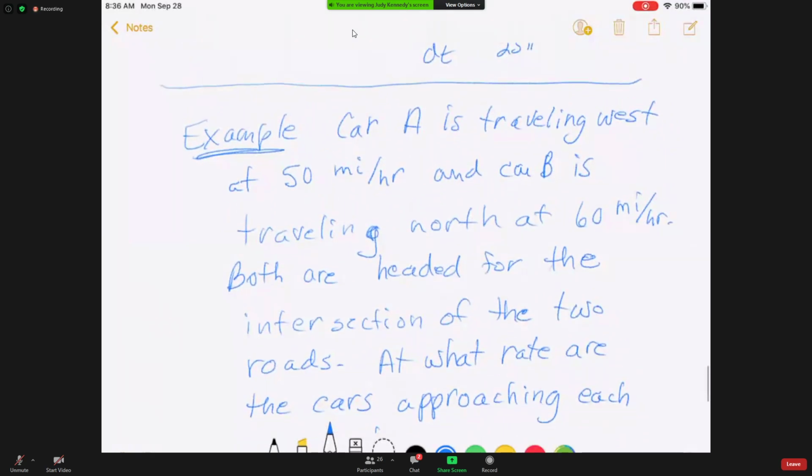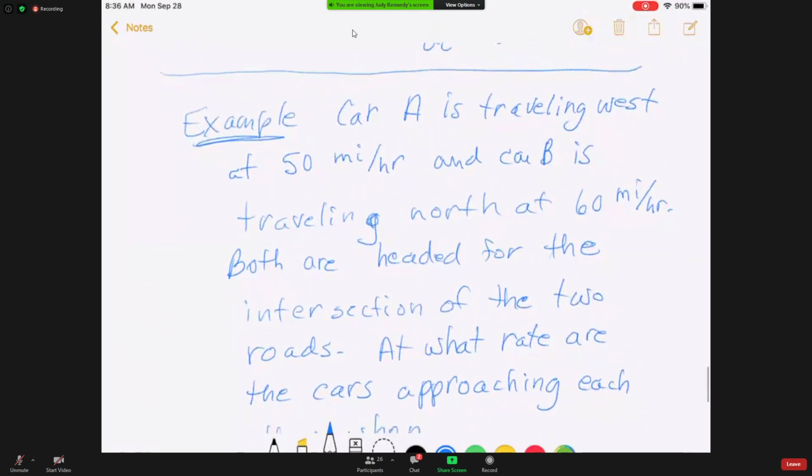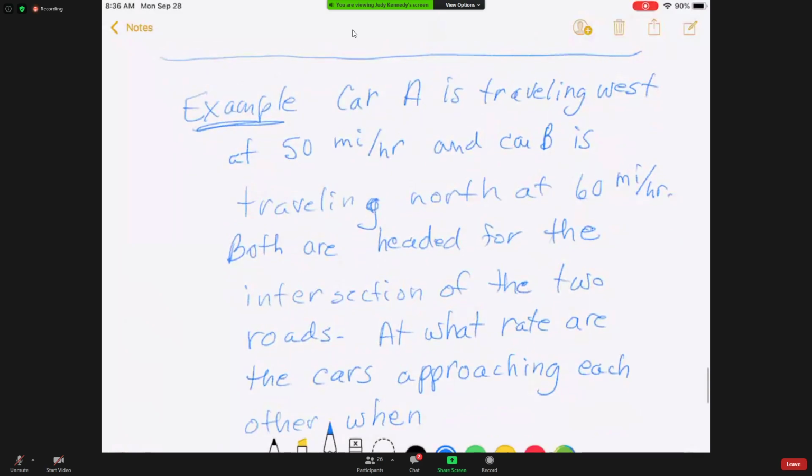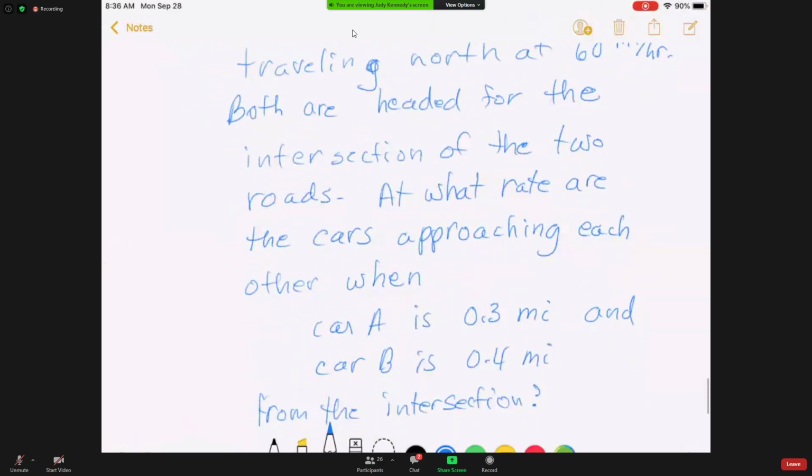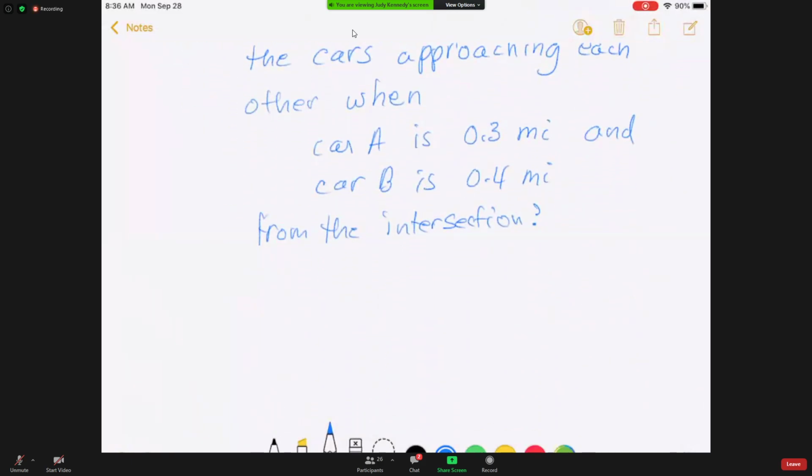Well, pictures help a lot. One car is traveling west and the other car is traveling north, and they're approaching an intersection. So I'm going to put car A here and car B there. Car B is traveling in that direction, and car A is traveling that direction.